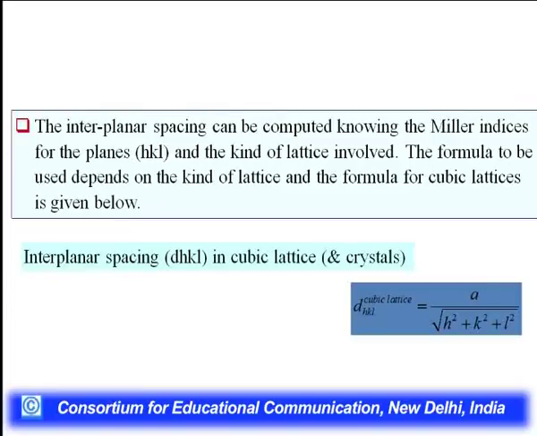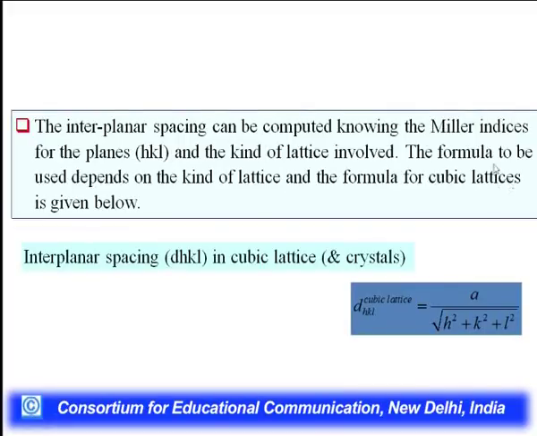The interplanar spacing can be computed knowing the Miller indices, the HKL values. We define the planes, we define the Miller indices, then how do we define the spacing between two planes? The interplanar spacing can be computed knowing the Miller indices and the kind of lattice involved.